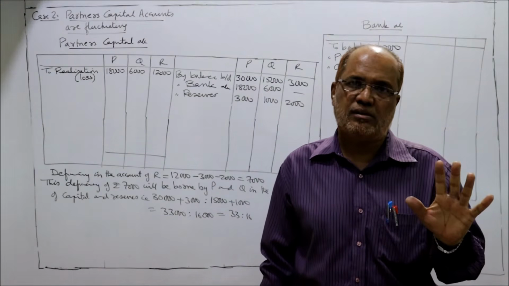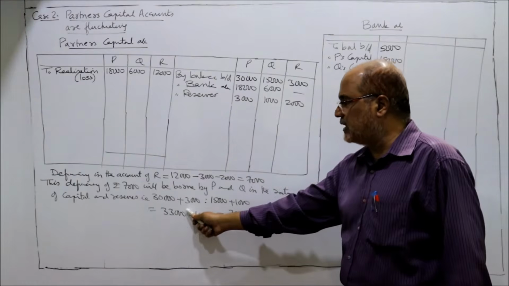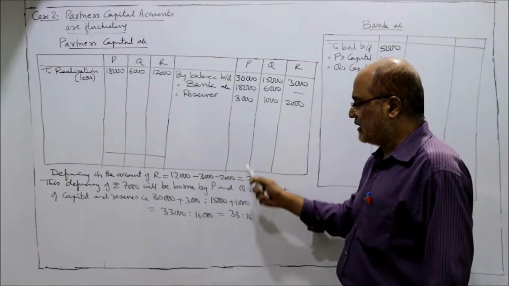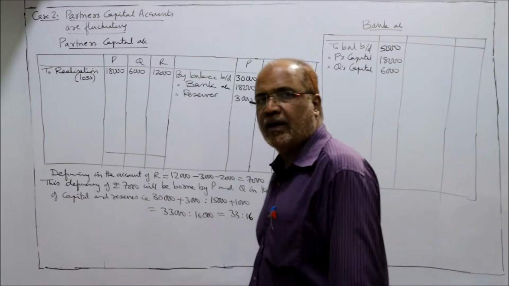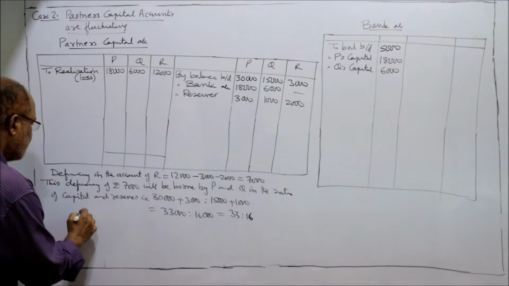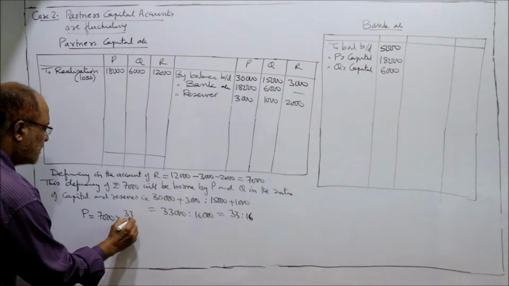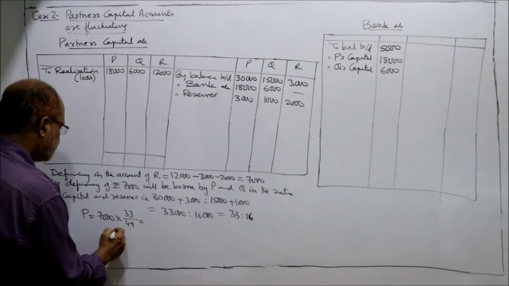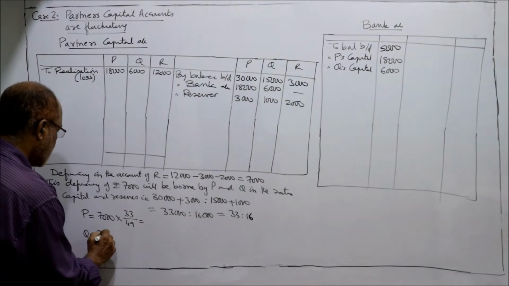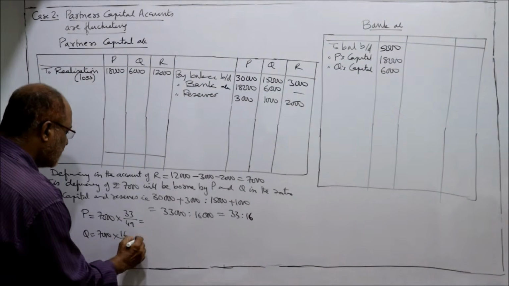So capital 30,000, reserves 3,000, 33,000, and 15,000, 1,000, 16,000. Divide in the ratio 33 is to 16, right? So how much for P? P is equal to 7,000 into 33 divided by 49. Q is equal to 7,000 into 16 by 49.